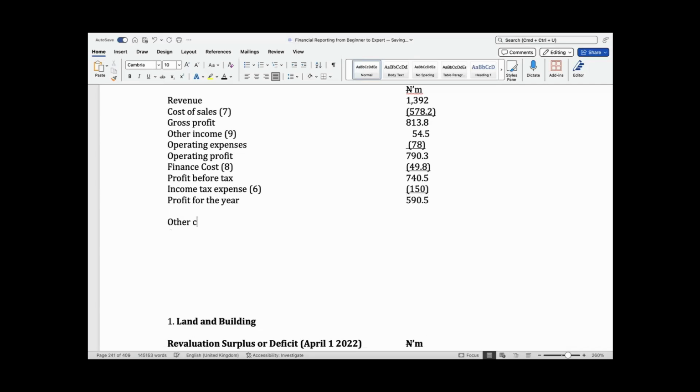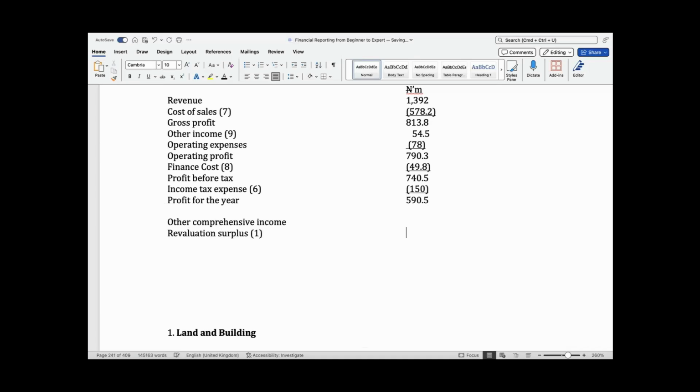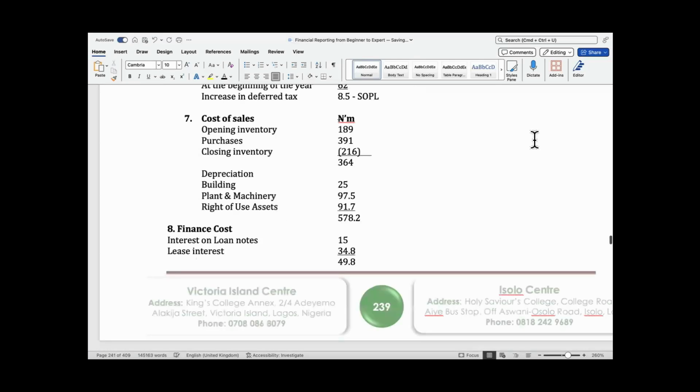Then I will have my other comprehensive income, where I will put my revaluation surplus that I got from working 1, of 225. You remember it? Yeah.